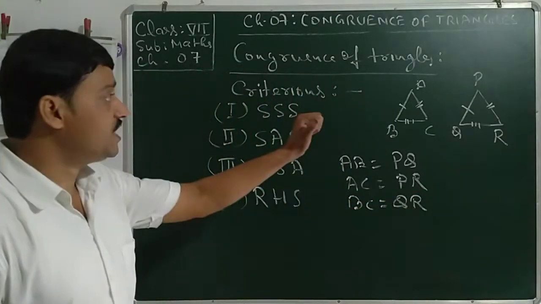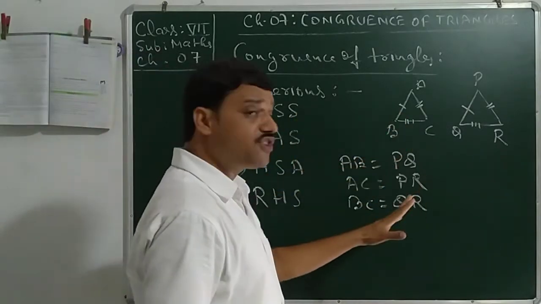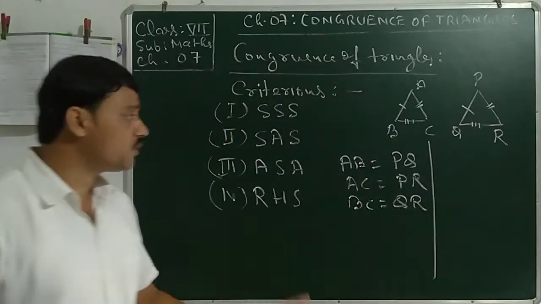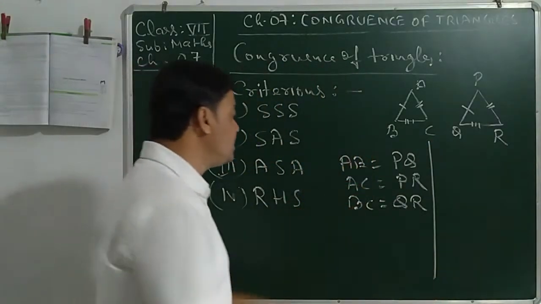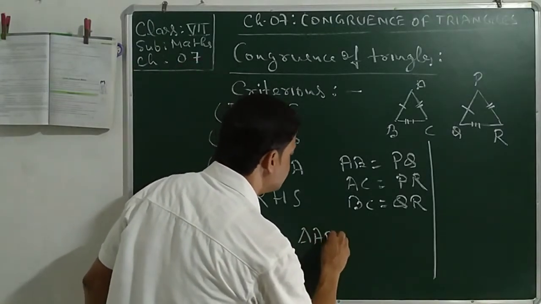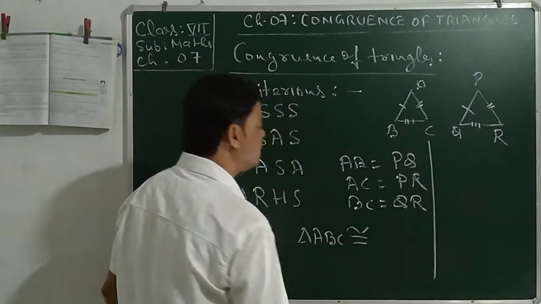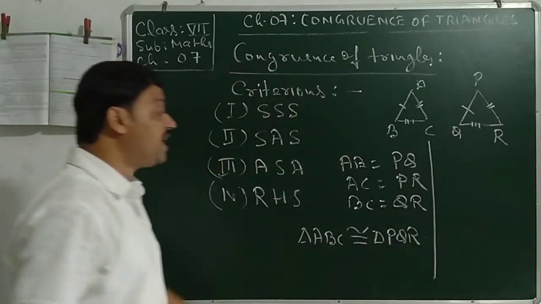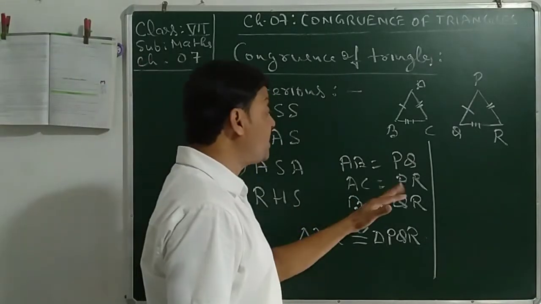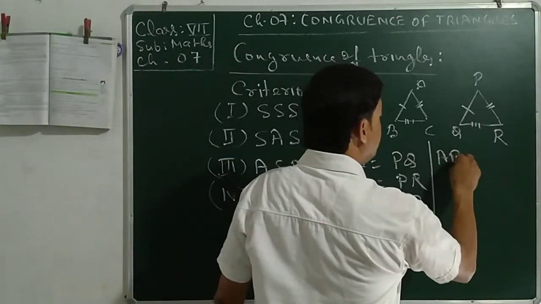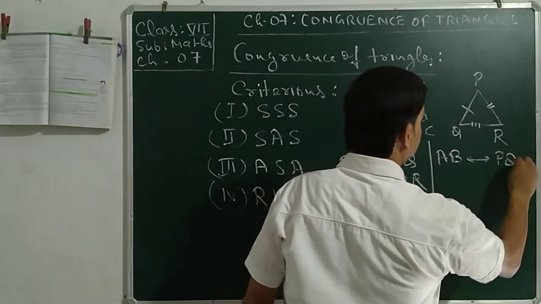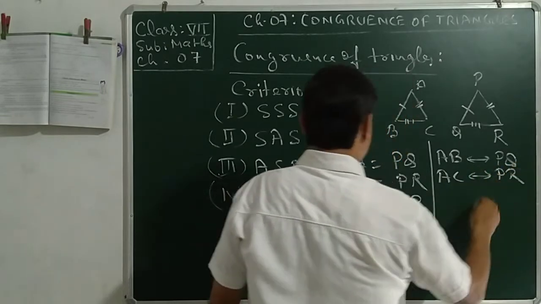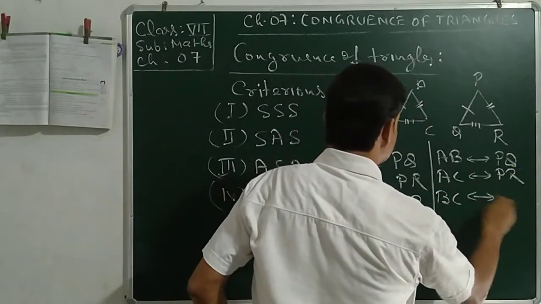In this condition, all these things are matching. We can write 6 congruence conditions here, because in this case triangle ABC is congruent to triangle PQR. This is the sign of congruence. When they are congruent, then we can say AB side matches PQ, AC matches PR, and BC matches QR.